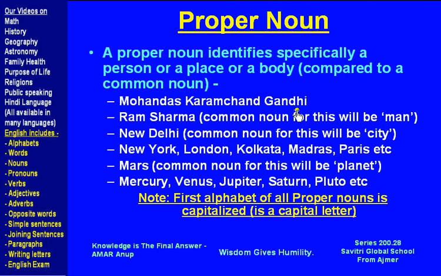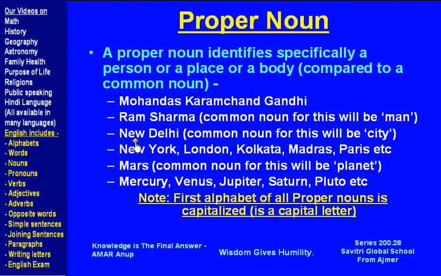Remember, the first alphabet of all proper nouns is capitalized, and you can learn more about capitalization in our presentation on capital letters. So also Ram Sharma, it's a name of a person. Again, it's a proper noun because it identifies one person who is Ram Sharma. Common noun for Ram Sharma will be a man.